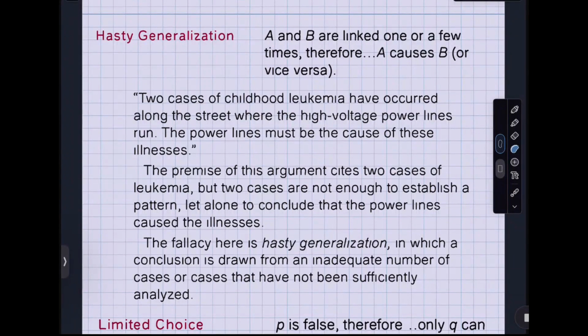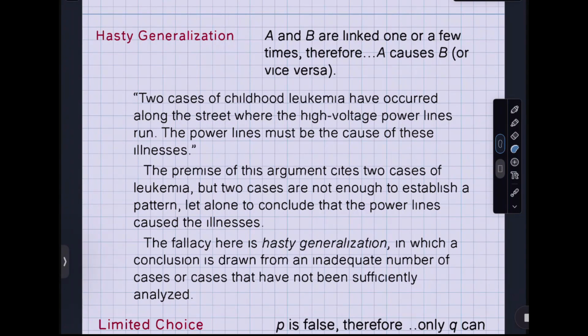Was it Erin Brockovich? Is that the movie? Julia Roberts plays a lawyer, and a town was trying to sue the company. Remember that? I don't know if you guys have ever seen it before. But the company is trying to say it's a hasty generalization, right?